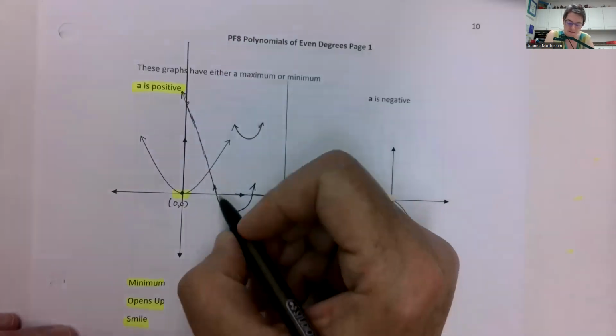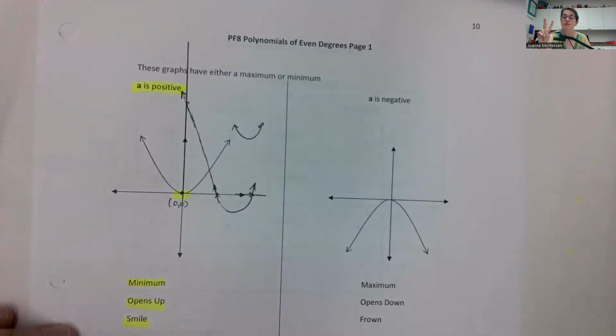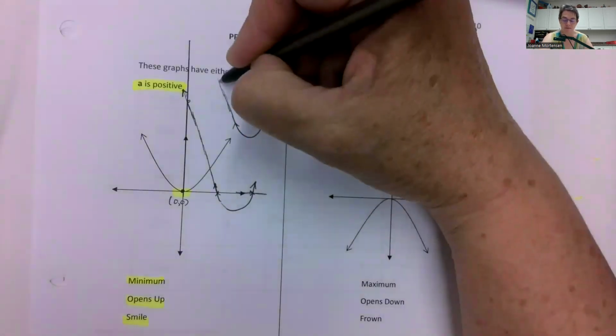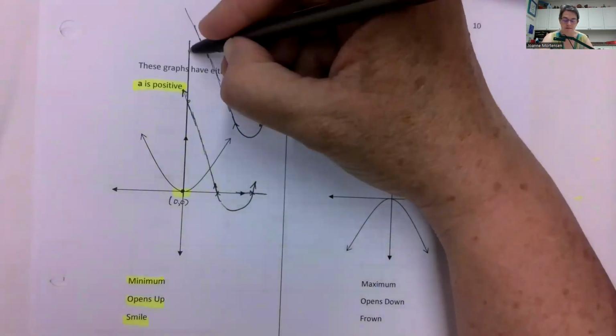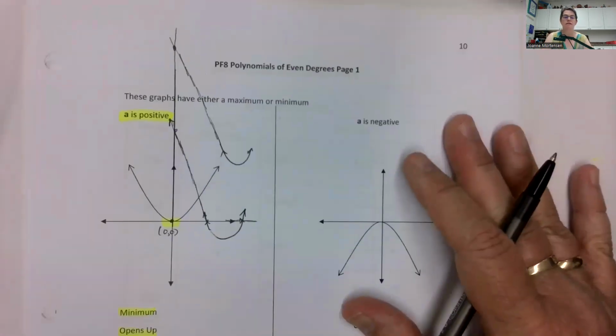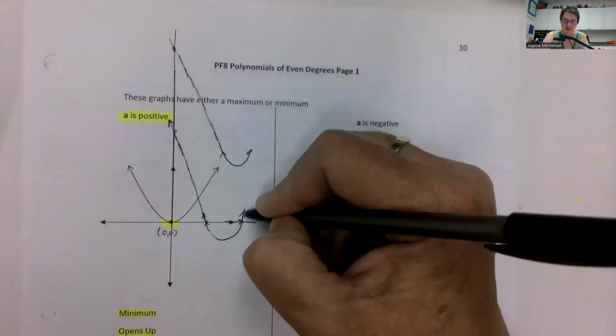But the cool thing is it'll have 2 x-intercepts. And then this little guy over here, if I extend it, oh, we're gonna run out of room again. It's gonna cross, oh, off screen too, eventually. Oh, I should say these keep going this way too.